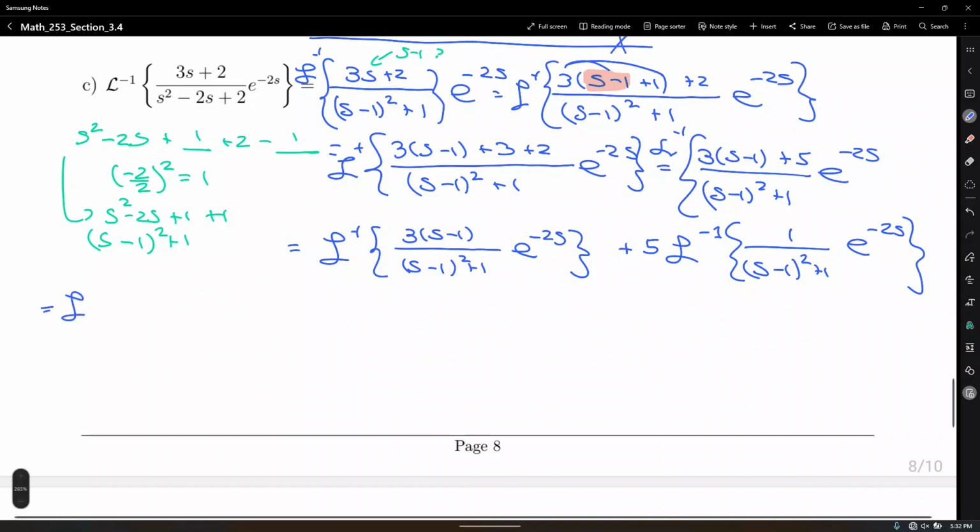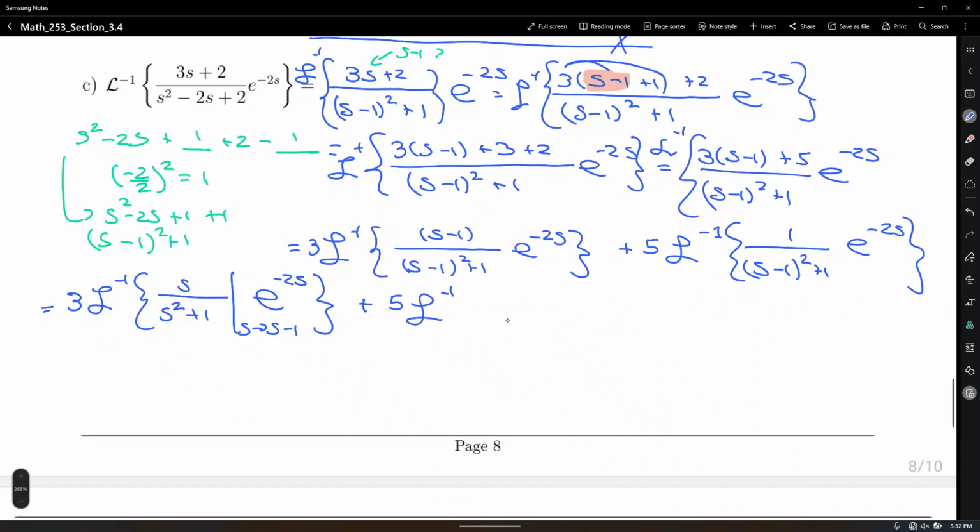Actually, I should have taken the 3 outside as well. 3 times the Laplace inverse of s over s squared plus 1, where s goes to s minus 1, e to the negative 2s, plus 5 times the inverse transform of 1 over s squared plus 1, where s goes to s minus 1, e to the negative 2s.